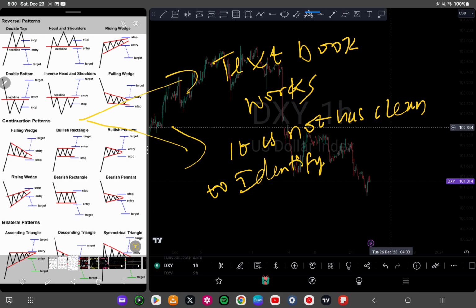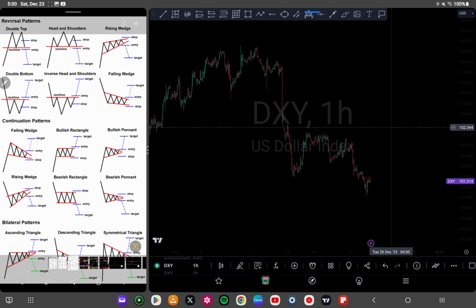So I'm just going to show you how it looks in real life, and I repeat myself again, guys, please backtest it and see how it works in the kind of instrument you use. For this example, I'm going to be using the DXY just to show you the patterns that I see.